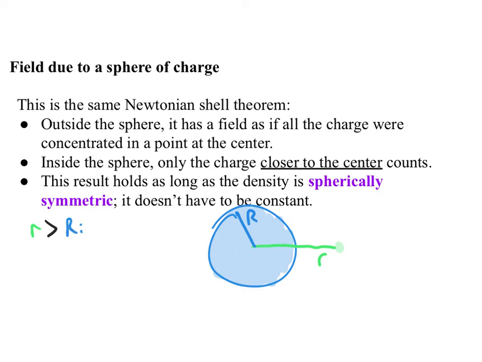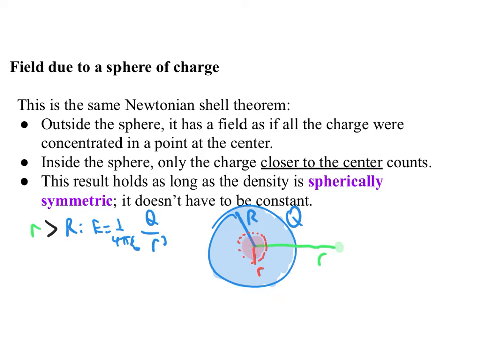Then if our total charge were Q, then the electric field is 1 over 4 pi epsilon naught Q over r squared, and that's easy enough. If, on the other hand, we have the case where we're inside, then the only charge that matters is what's closer to the center than we are.